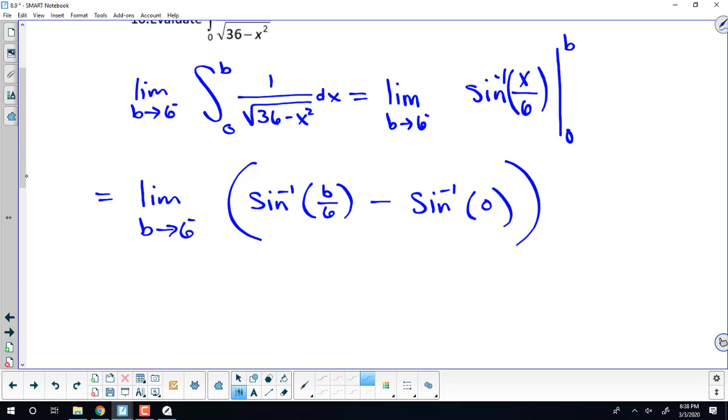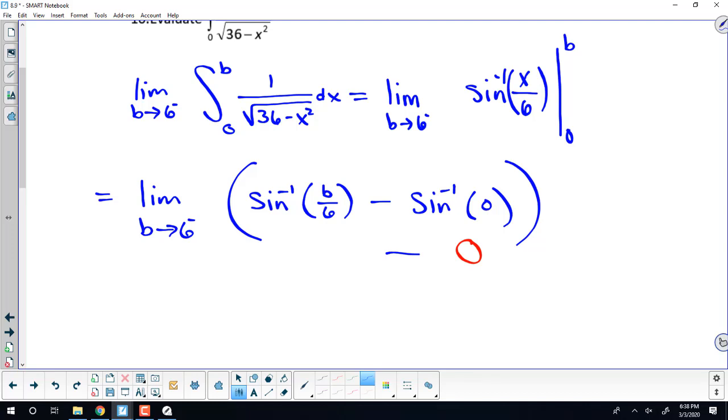Okay. Inverse sine of 0 is 0. As b approaches 6, inverse sine of b over 6 approaches what? Pi over 2. So that's basically the inverse sine of 1.